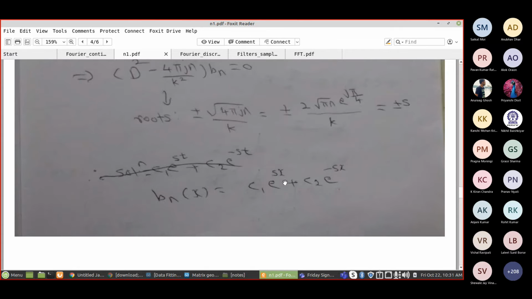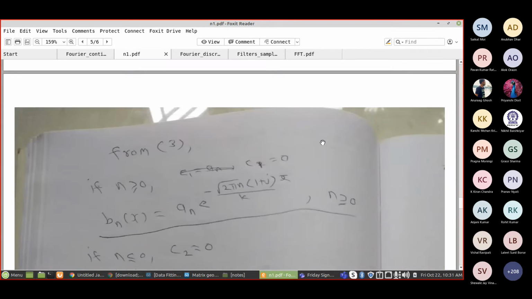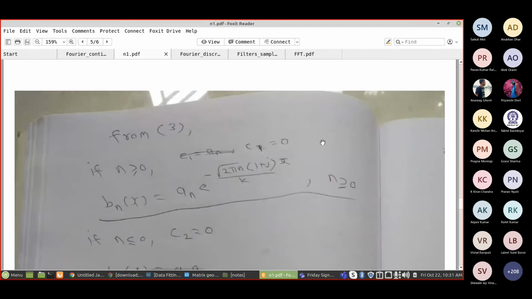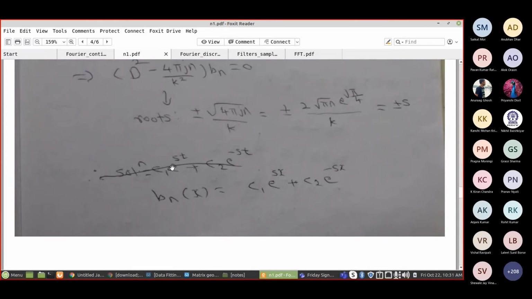So there are some minor complications which we will figure out. Let's write down the solution for n greater than or equal to 0 first. These are our roots. If n is greater than or equal to 0, then the square root of n is again a positive number. So this is okay.